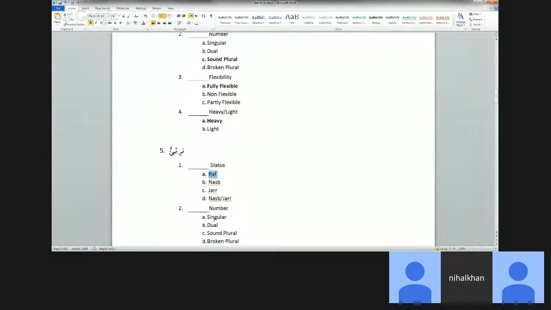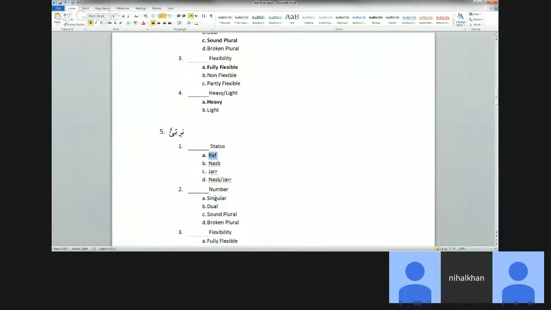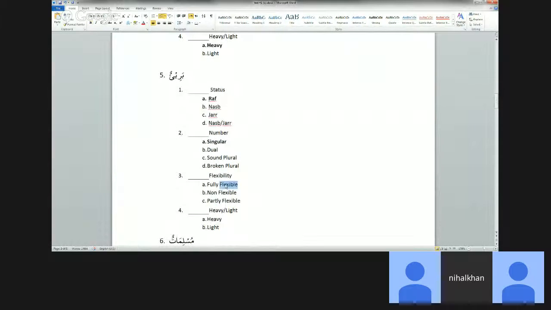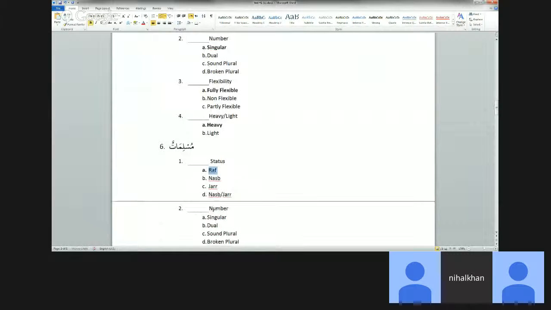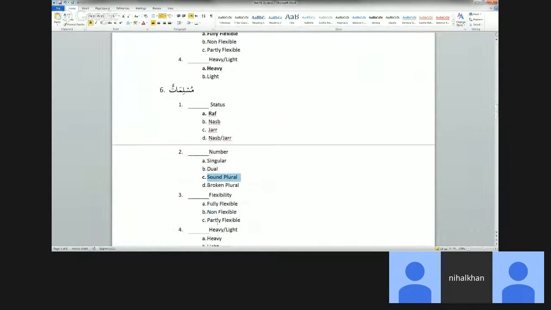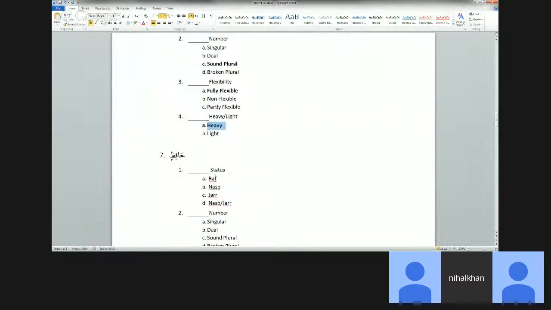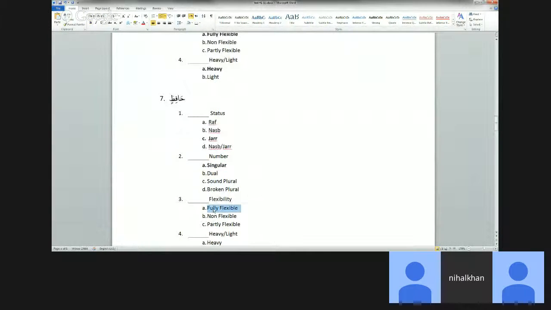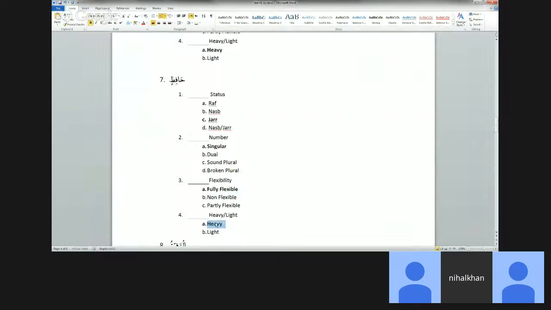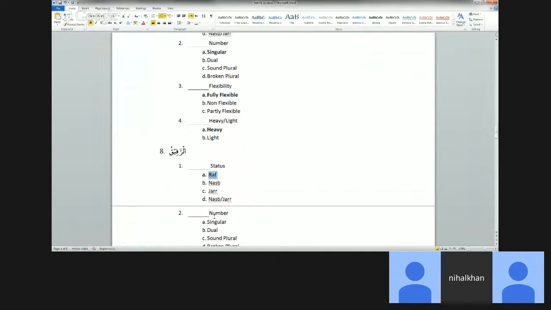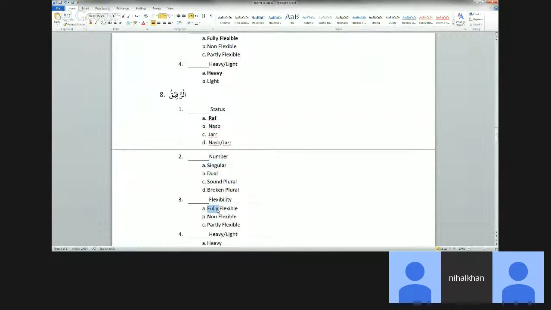Bari'un, rafa, singular, fully flexible, heavy. Rafa, sound plural, fully flexible, heavy. Jar, singular, fully flexible, heavy. Rafa, singular, fully flexible, heavy.